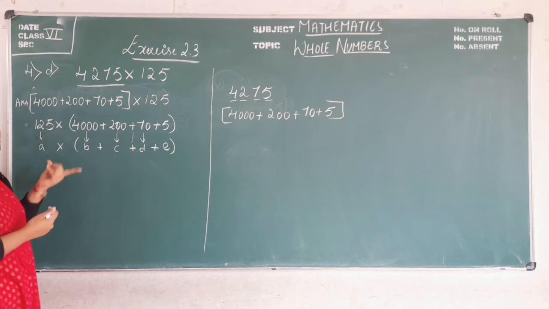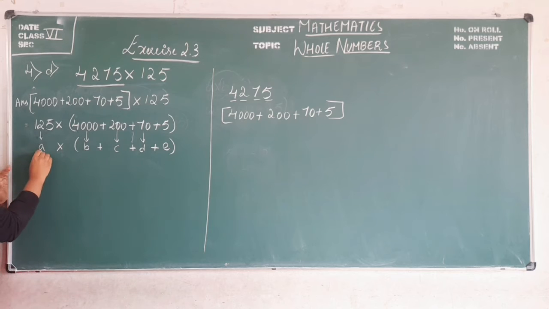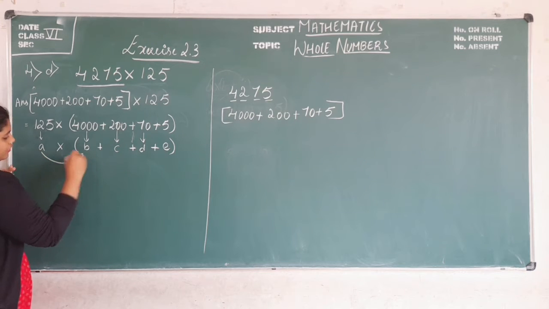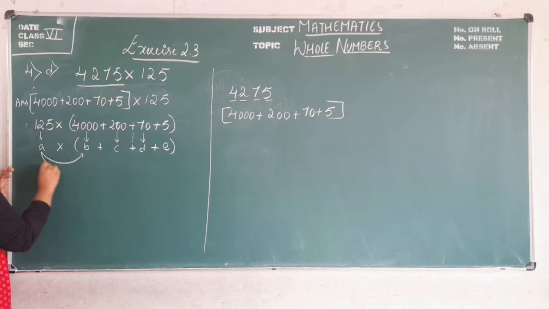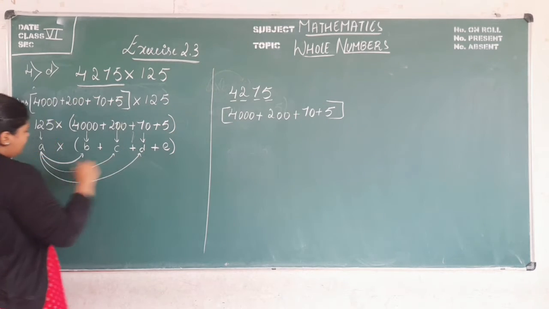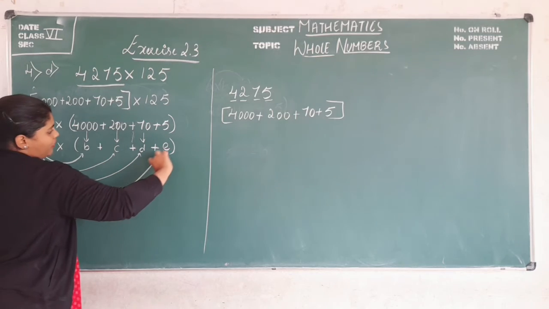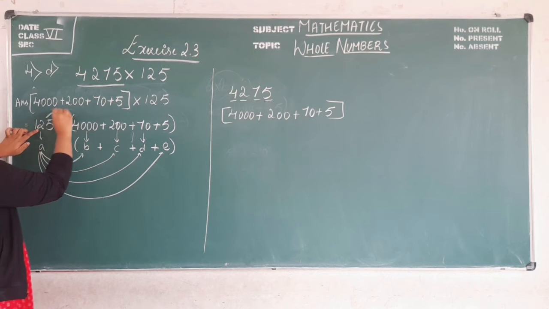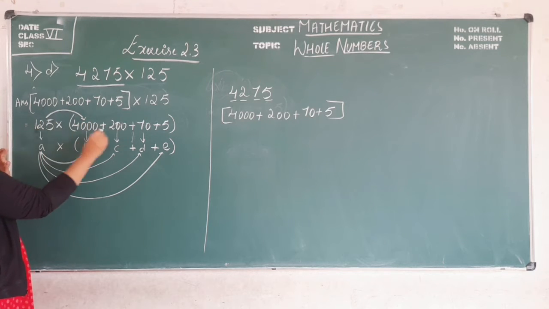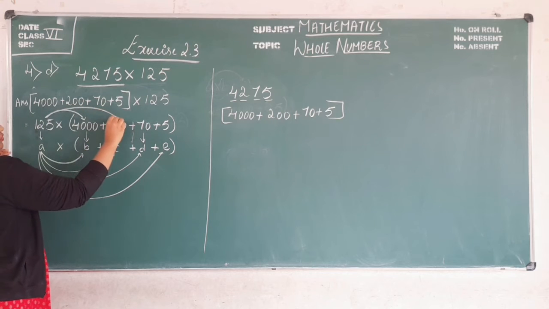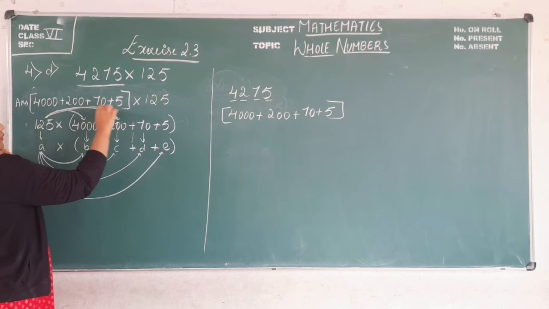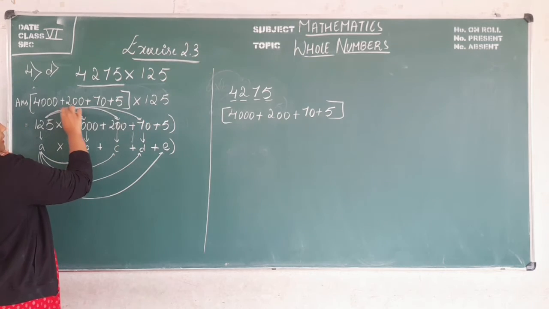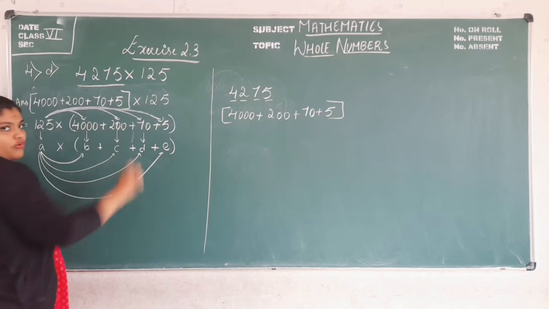First I will be multiplying A into B, then plus A into C, then plus A into D, then plus A into E. So if I rewrite this expression, first I should multiply 125 into 4000 plus 125 into 200 plus 125 into 70 plus 125 into 5.